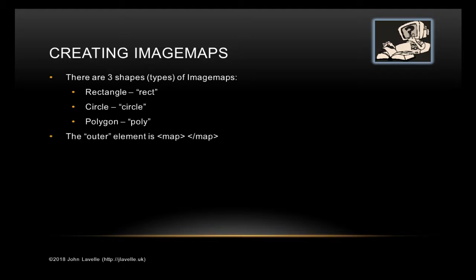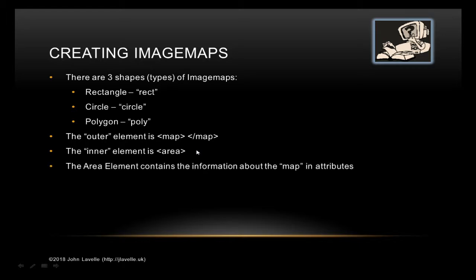The outer element of the image map is called map, and it must have a unique name because the image element needs to be able to call it. The inner element is called area, and this does not have a closing tag, whereas map has a closing tag.